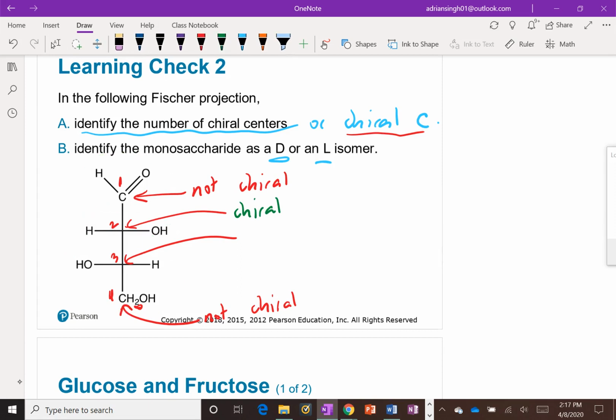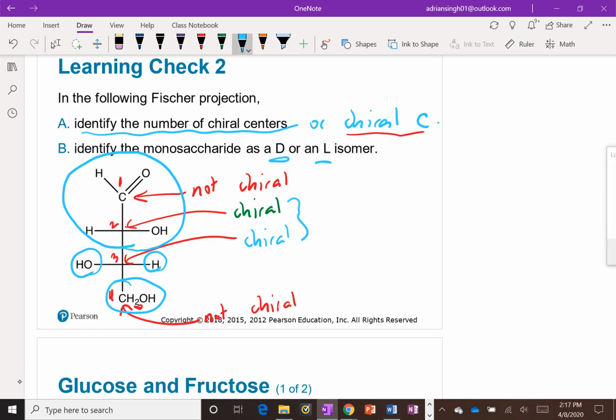So let's look at carbon number 3 as well. And on carbon 3, we have an H, we have an OH, we have a CH2OH down here, and then we have all of this stuff at the top that's different than all the other 3 things. So carbon number 3 is also going to be chiral, right?